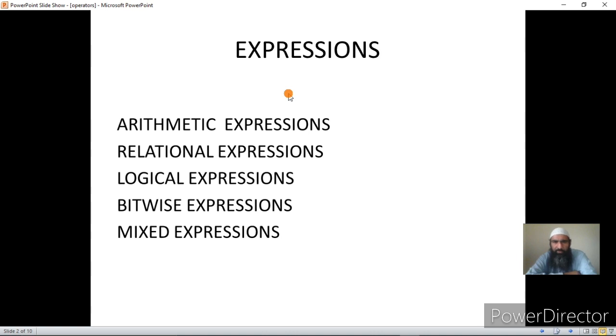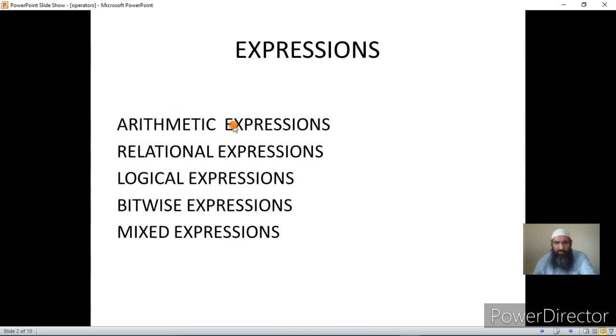Those expressions which are formed by using relational operators are called relational expressions, and those expressions that are formed by combining the relational expressions using logical operators like and, or and not, they are called logical expressions. Then we have got bitwise expressions. These expressions use bitwise operators only. Then we have got mixed expressions which can use a variety of operators.